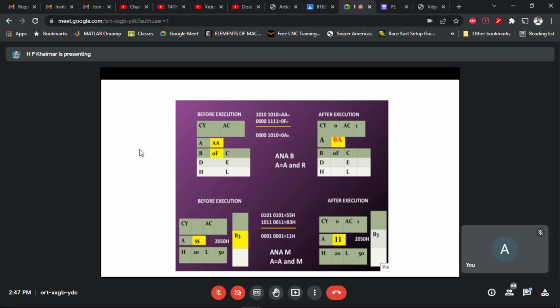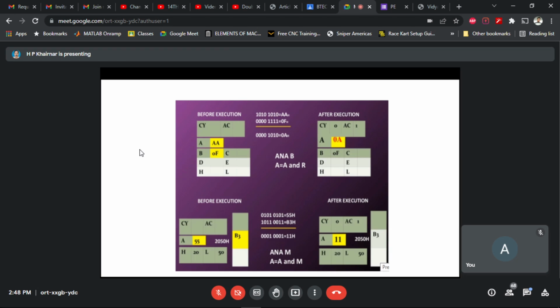Suppose you are doing normal addition, then 0 plus 1 becomes 1, 1 plus 1 becomes 0 plus carry 1, and 0 plus 1 again becomes 1. But this is a logical AND operation. So only when both the inputs are on will you get the output. So this is how it happens, and you will get 0A as the final output.